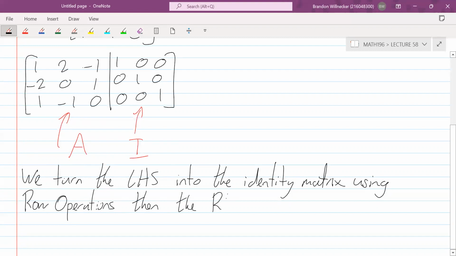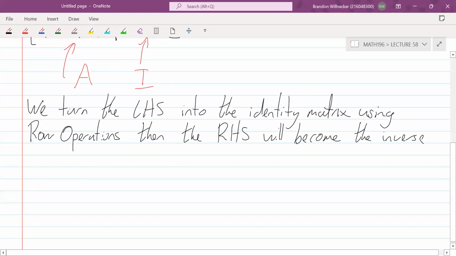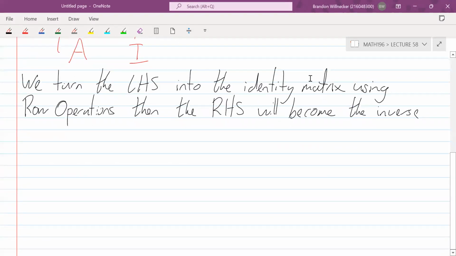Then the right-hand side, which was previously the identity matrix, will become the inverse. So if we do row operations to make the left-hand side look like the identity, then the right-hand side will become the inverse. Let's go ahead and do that.